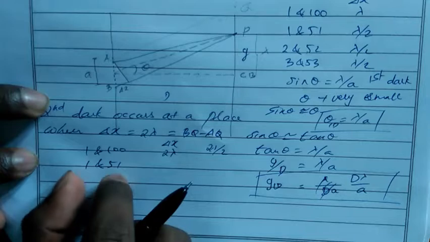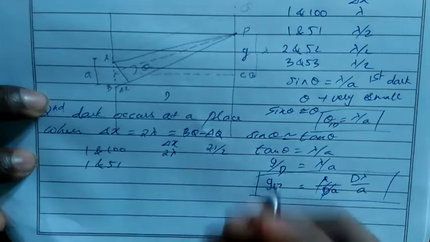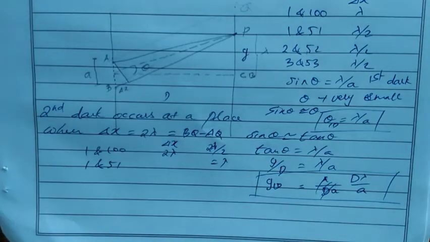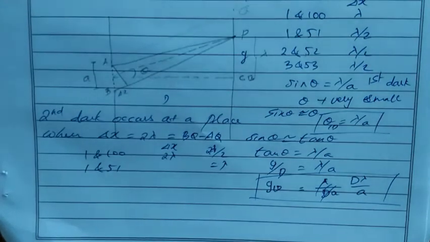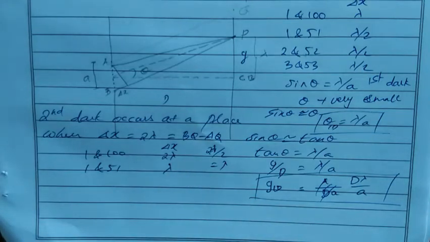Initially it is 100, again it is 50, so we have to divide this by 2. 2 lambda by 2 will be lambda. Then for 1 to 51 we have lambda.